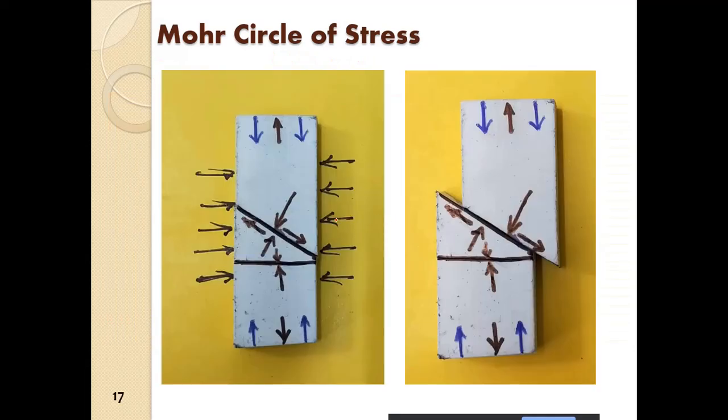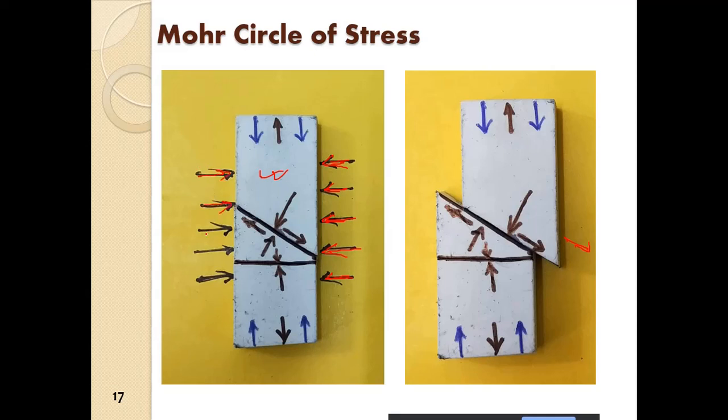If I apply a pressure here, that will resist the top part from shearing away. If this is removed, it will shear off. So the amount of force required to shear will depend on the normal stress being applied.